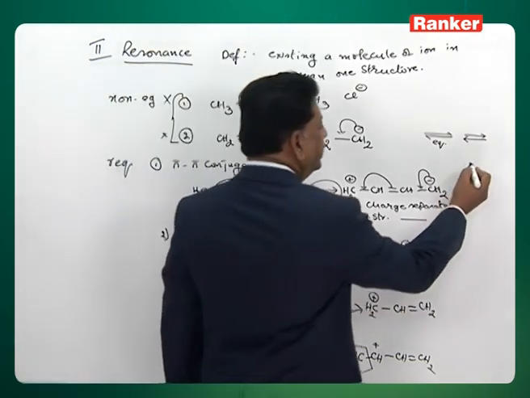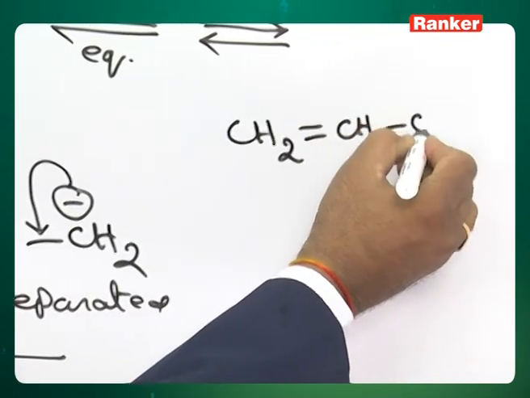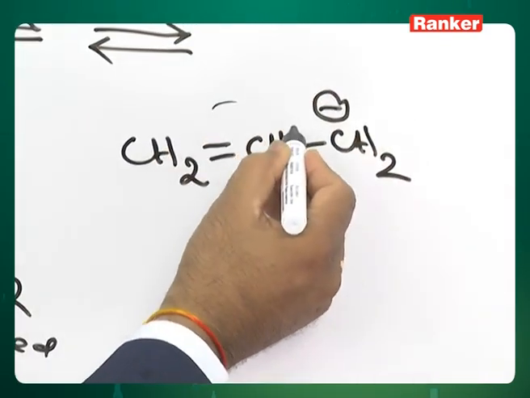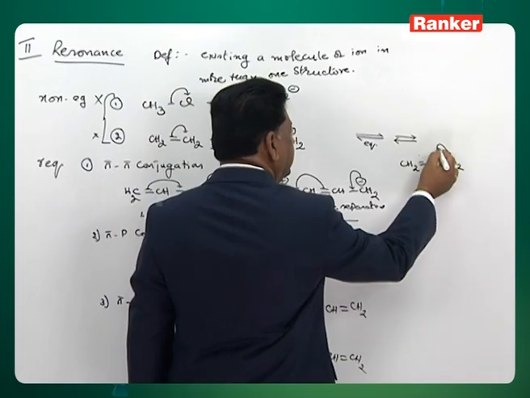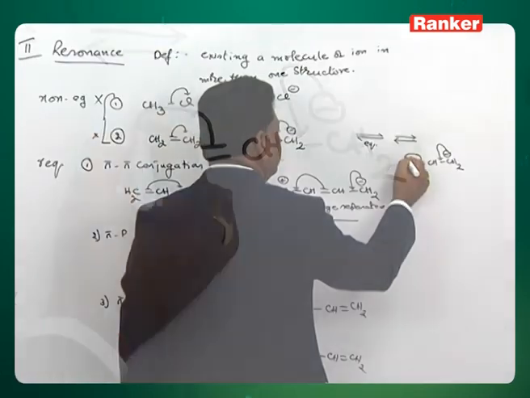You will get an example with the minus; I will write here CH2 double bond with a CH2 minus. When minus is there, you can't give the electrons to this side, isn't it? Instead, the minus will be given and the pi bond goes to this carbon.